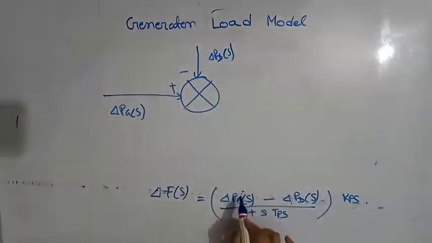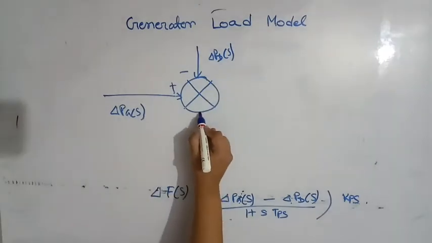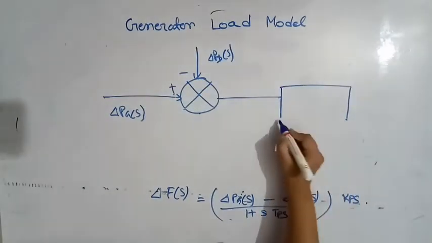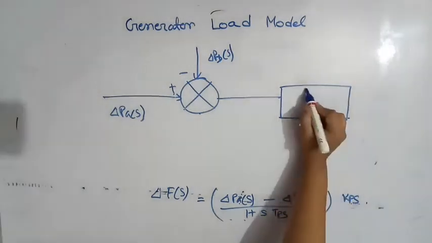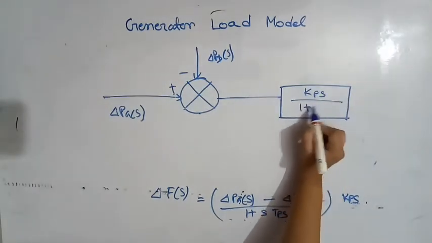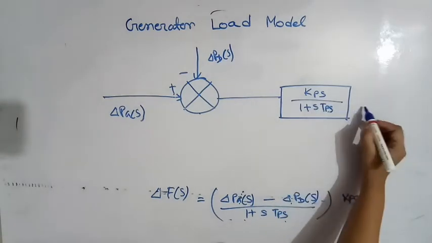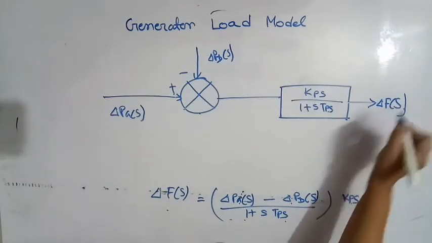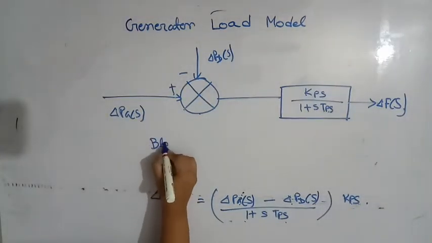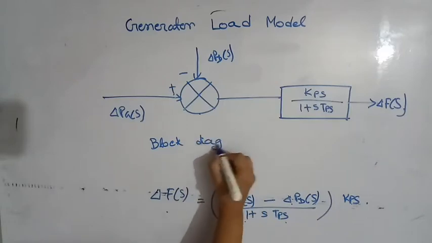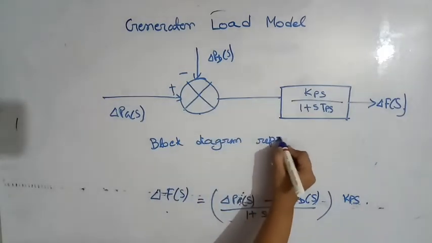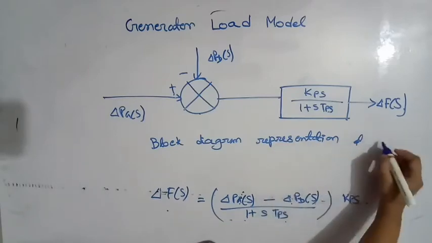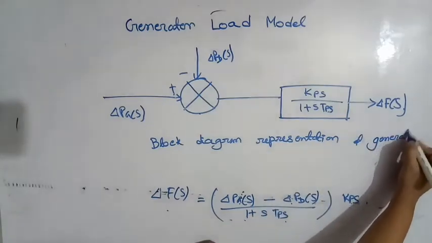Delta PGS minus delta PDS is multiplied by KPS by 1 plus STPS, and the output is delta F of S. So this is the block diagram representation of the generator load model.